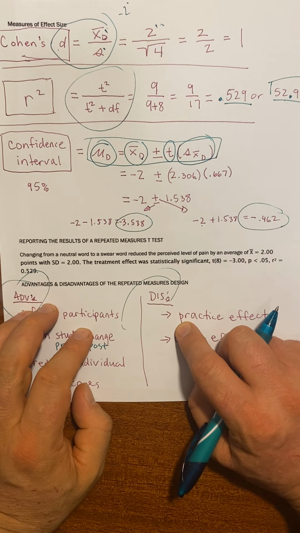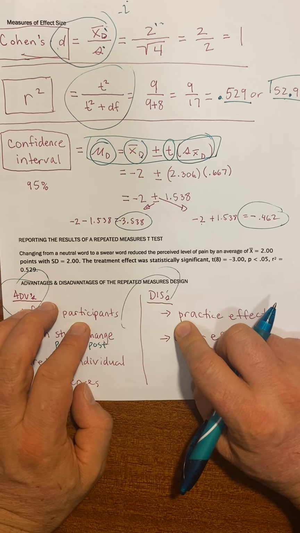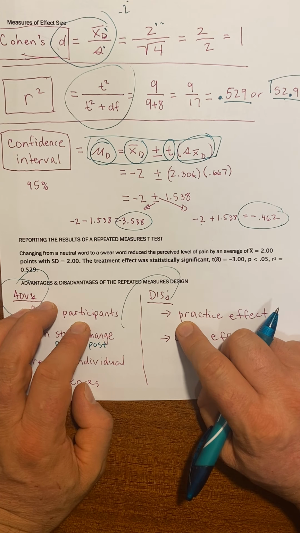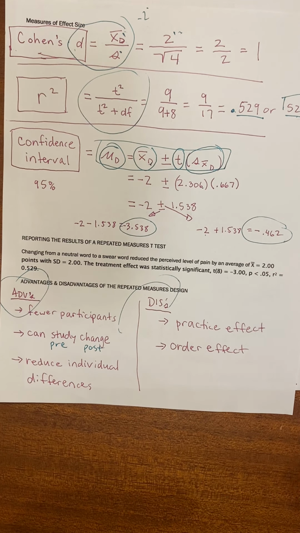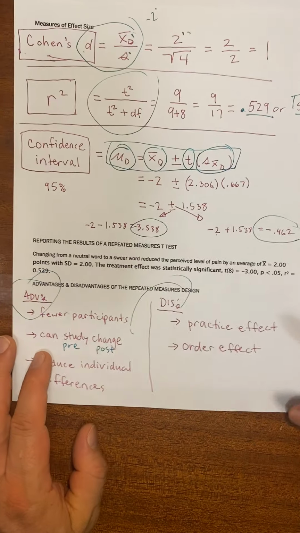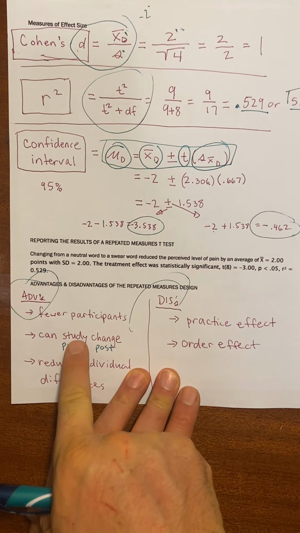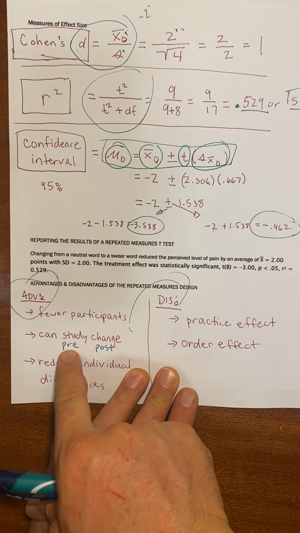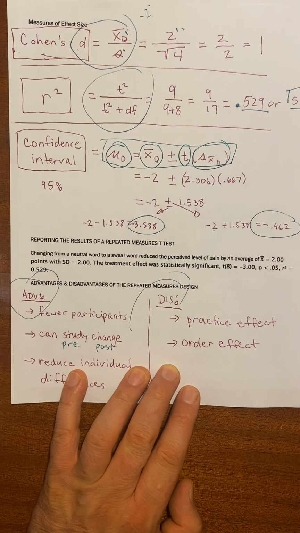Could be that your fancy teaching technique didn't do anything. It could be that the reason your students learned was because they had some prior exposure to what they were supposed to be learning in that pretest. Maybe they learned about the information in the pretest, so that's why they did better in the post-test.